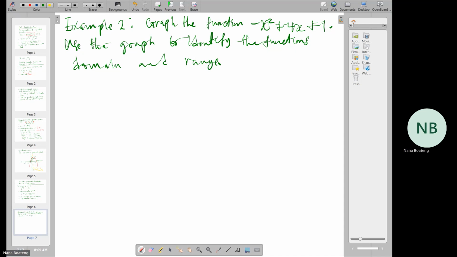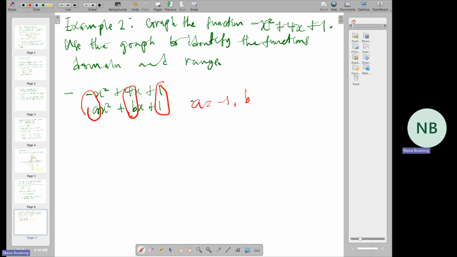All right, so the first thing, if we compare minus x squared plus 4x plus 1 to the standard form ax squared plus bx plus c, then we can see that A is equal to -1, B is equal to 4, and C is equal to 1.